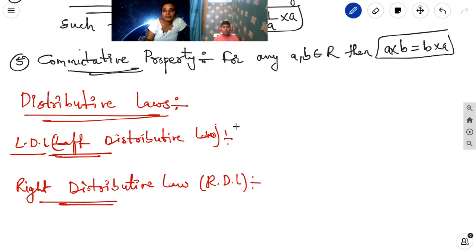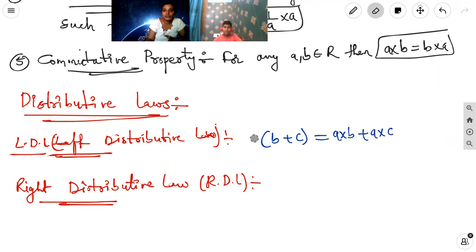In this, a into (b plus c): the element a on the left side is distributed to the two numbers, that is, a into b plus a into c. So you should write a into (b plus c) equals a into b plus a into c.